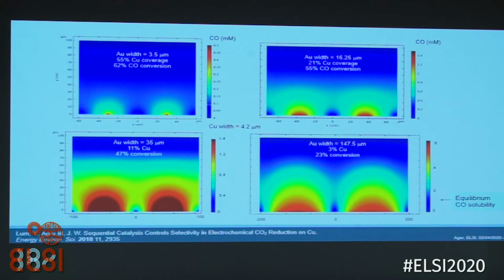I want to remind you, will exceed the equilibrium solubility of CO. Is a very strongly driven system, and we can actually predict that we'll get excellent conversion of our intermediates between 60%, even 20% here, even though we only have 3% surface coverage of copper, due to the ability of the copper to do a fast reaction with the CO.